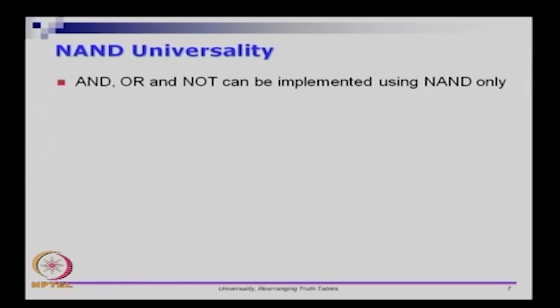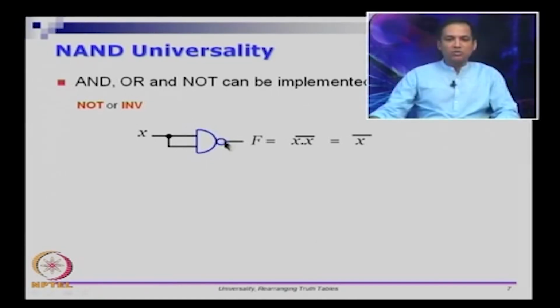I will show you the example for how to show universality of the NAND gate. So I want to show that AND, OR and NOT can all be implemented using only NAND. So let us start with NOT. This is an implementation where I use a single NAND gate and get the complement of the input. So I have X which is given to both the inputs, and what is the logical operation in terms of NAND?